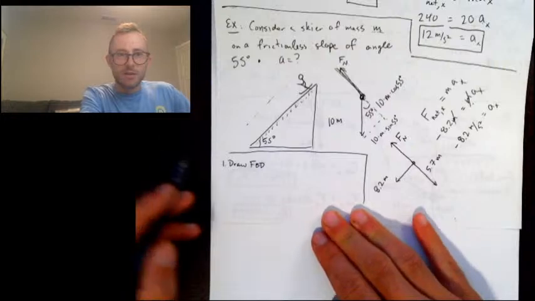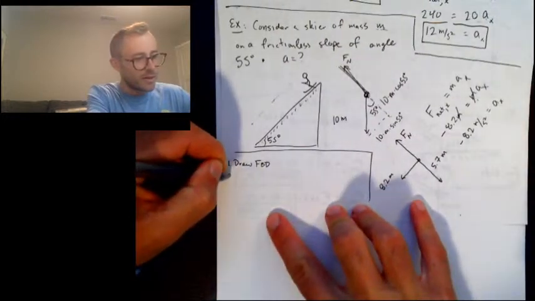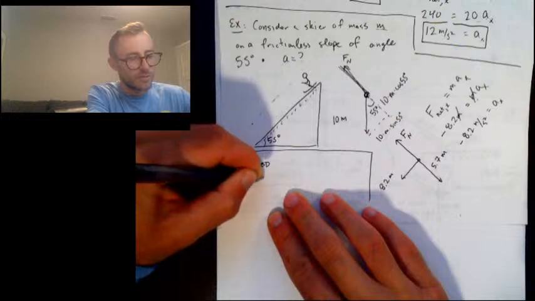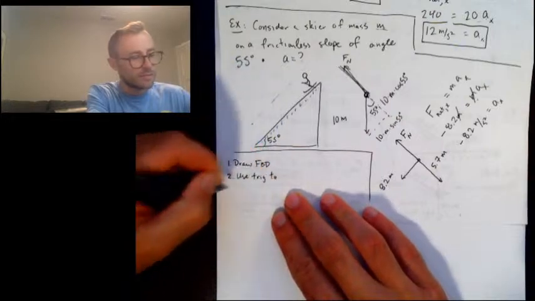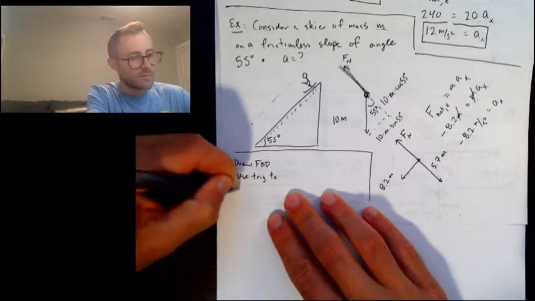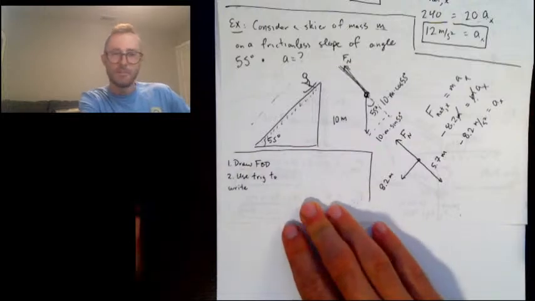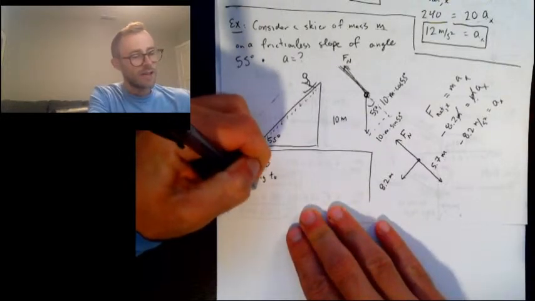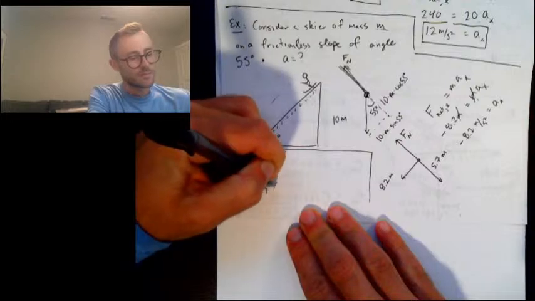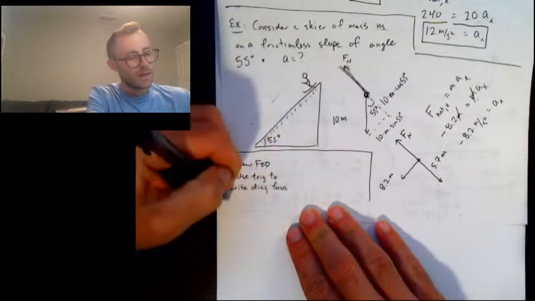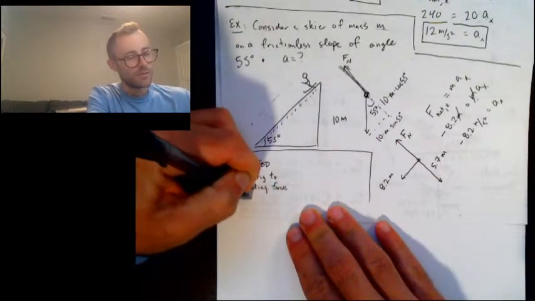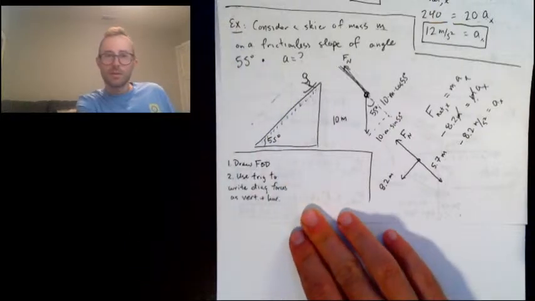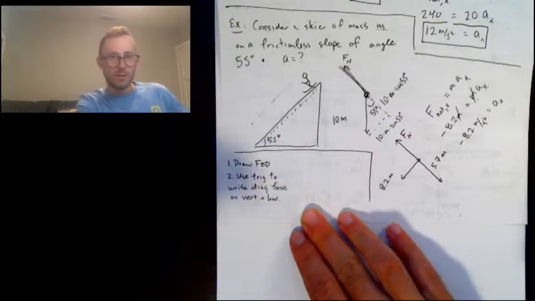Then, once you draw the free body diagram, you want to use trigonometry to write the diagonal forces as vertical and horizontal. Okay, so we do that.